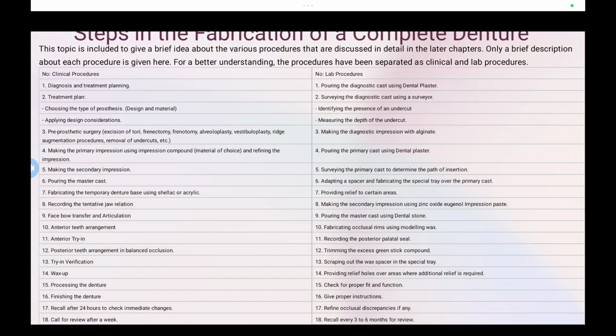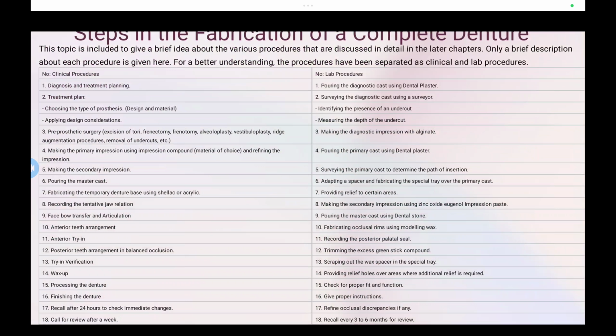Next is pouring the master cast. Next is making the secondary impression.